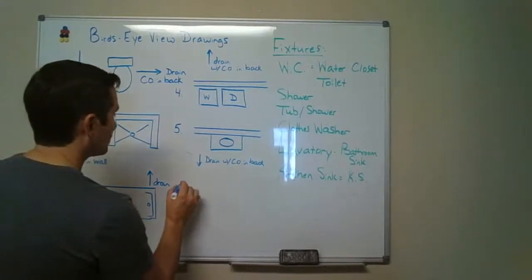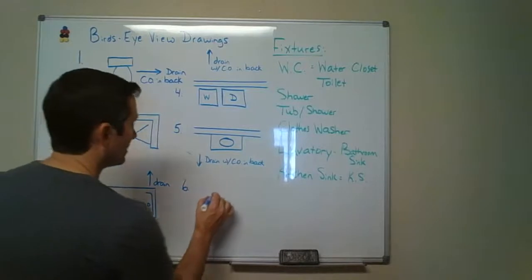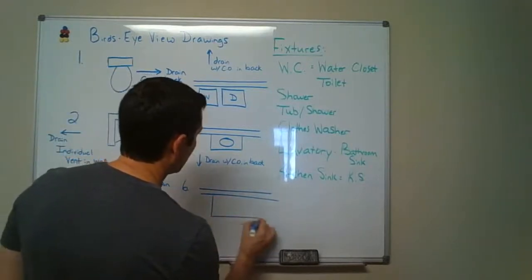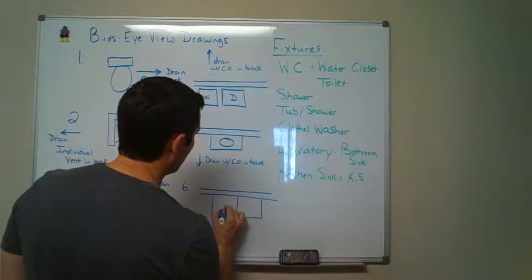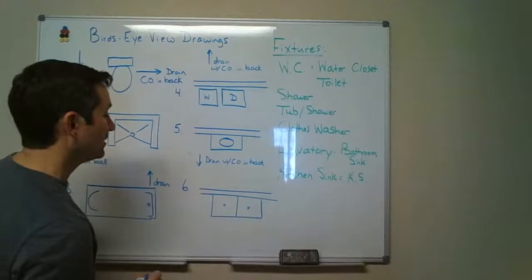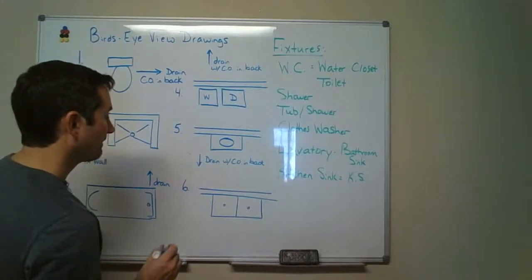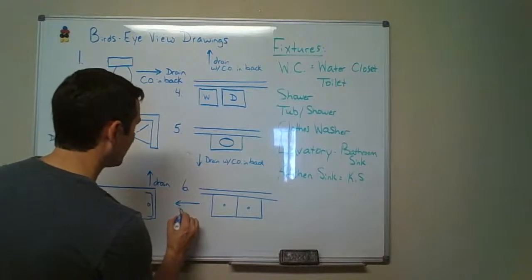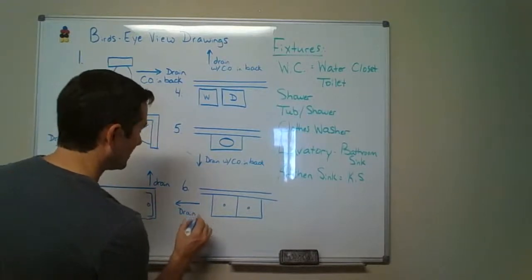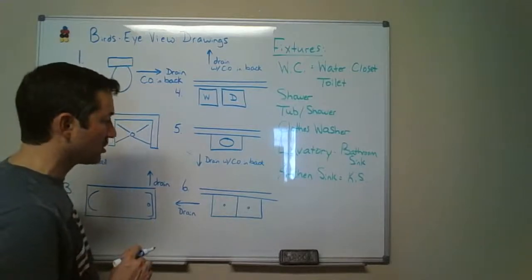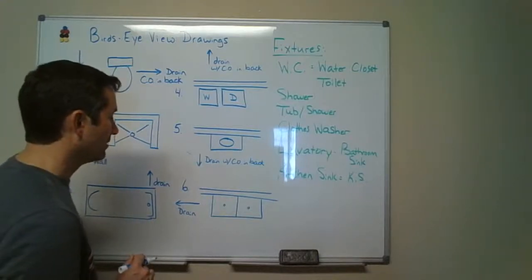Last one is number 6, the kitchen sink. Let's do a double bowl sink here. I'm going to send the drain in this direction. I'm not going to ask for a clean out in the back, so you do not have to show the clean out.